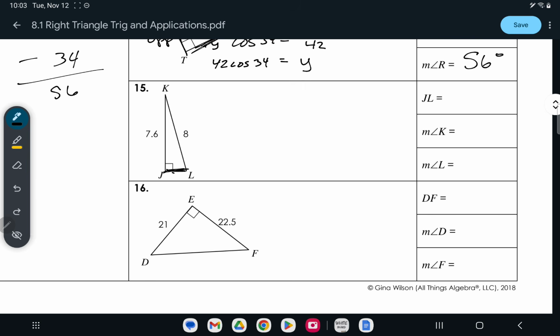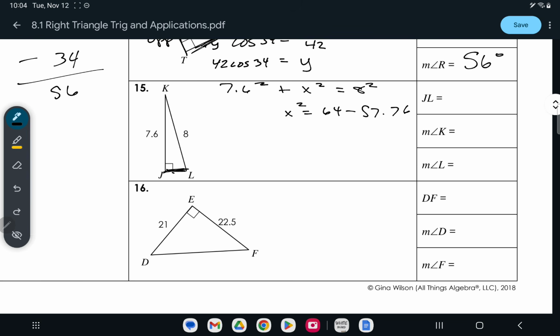So that's probably what I would do. 7.6 squared plus something squared equals 8 squared. So let's see, 64 minus, let's see what 7.6 squared is, because I'm not sure. 7.6 times 7.6, that's 57.76.